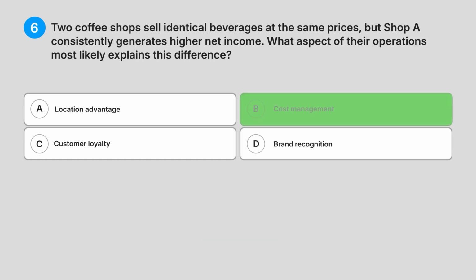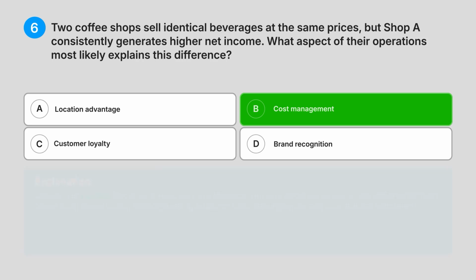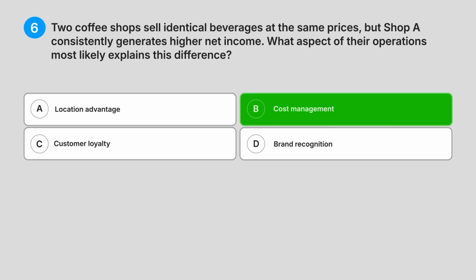Correct answer: B. Cost management. Explanation: Option B is correct because if revenues are identical, but one shop earns more, the difference must come from lower costs, demonstrating superior cost management and operational efficiency. Option A is incorrect because location advantage typically affects revenue generation through customer traffic, but the scenario states both shops have identical sales figures.